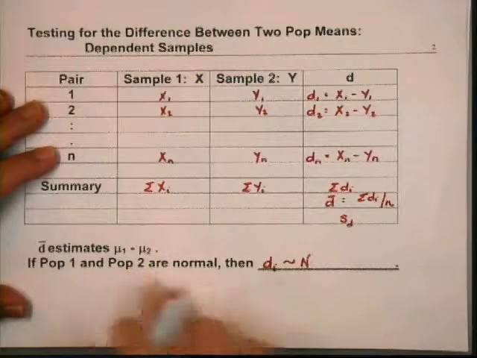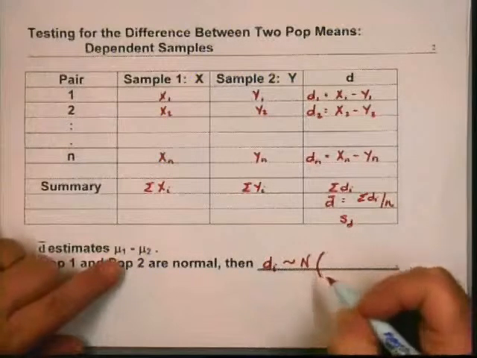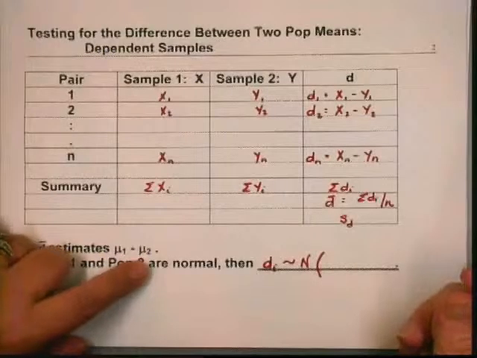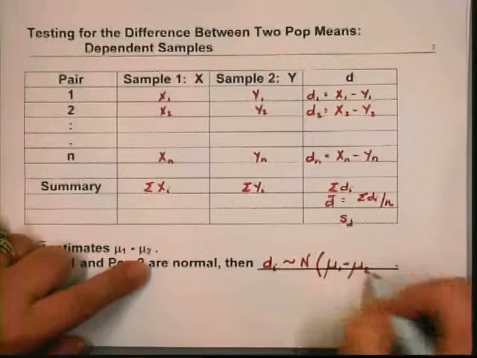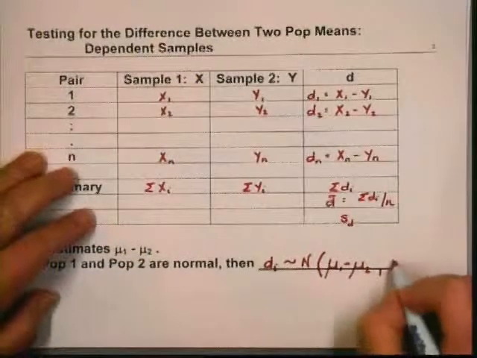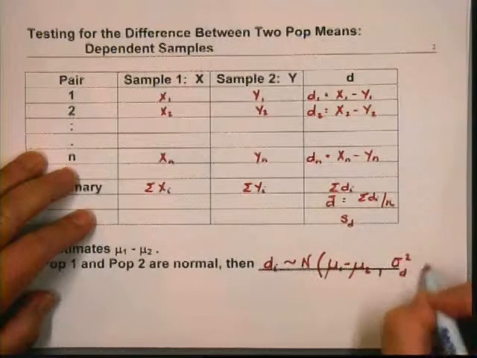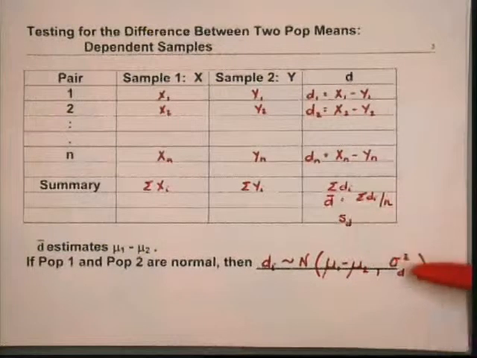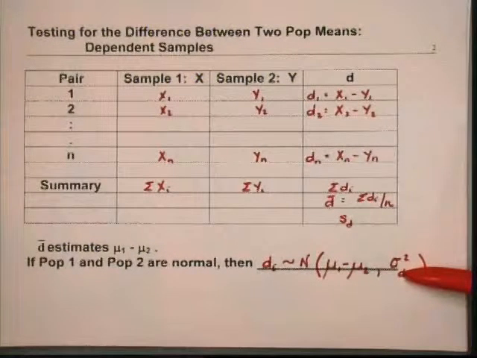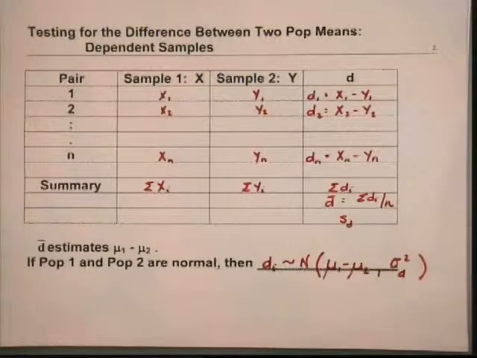If pop 1 and pop 2 are normal, and I'm computing group 1 minus group 2, then the mean is going to be mu1 minus mu2, and the variance is going to be sigma squared with subscript d. And so our s sub d value, if we square that, is going to approximate sigma squared d.